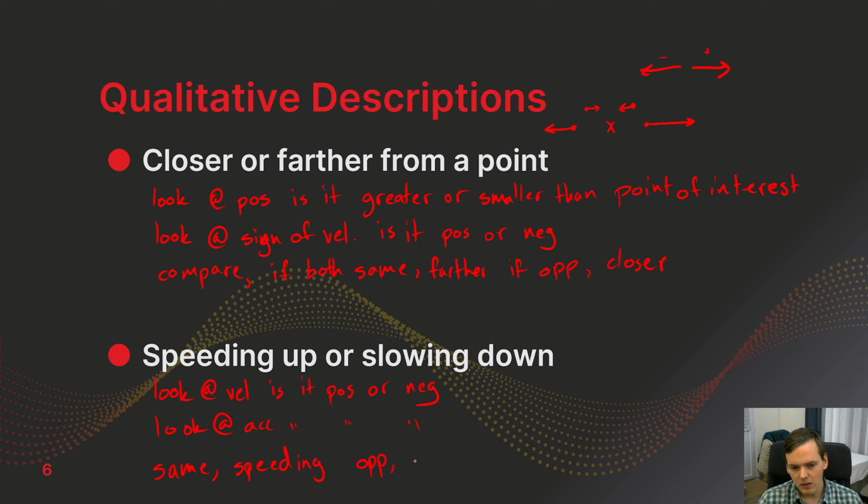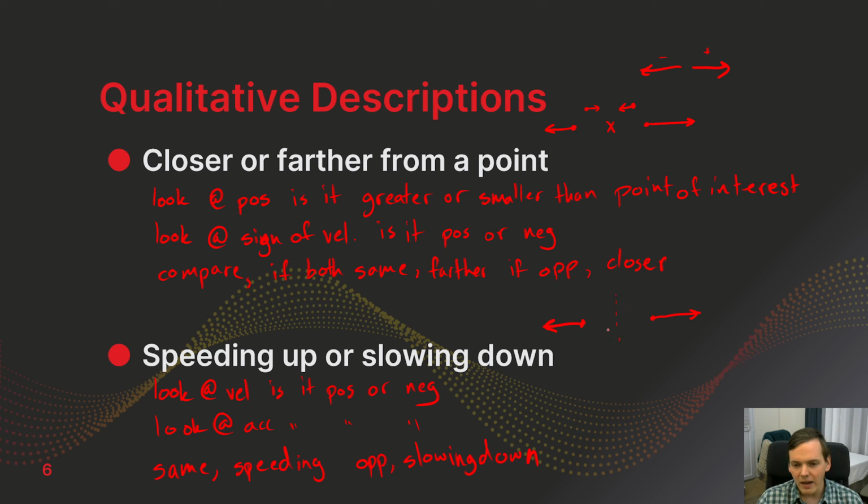Opposite, slowing down. And this is the same idea. If I'm already at some negative value with my velocity and I make it more negative, I'm getting a bigger speed. If I'm already at some positive value and I make it more positive, I'm getting a bigger speed.